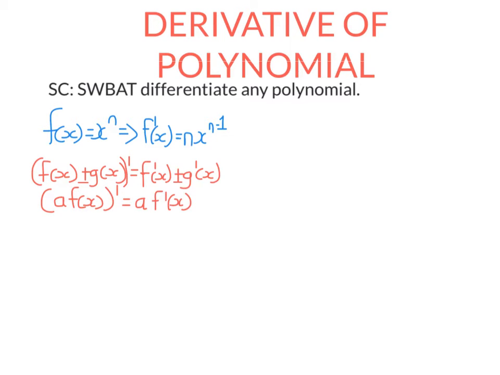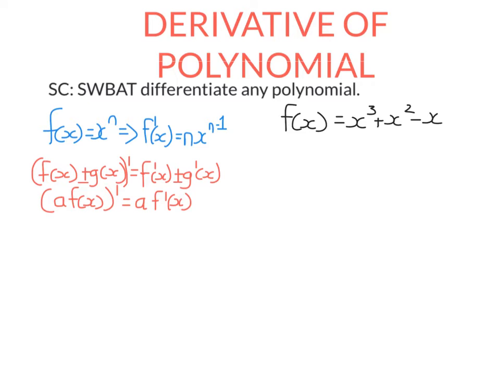It's as simple as that. The second rule here says if you multiply a function by a constant and then you want to find its derivative, all you need to do is find the derivative and multiply by that constant. So let's look at how we can put these into practice.